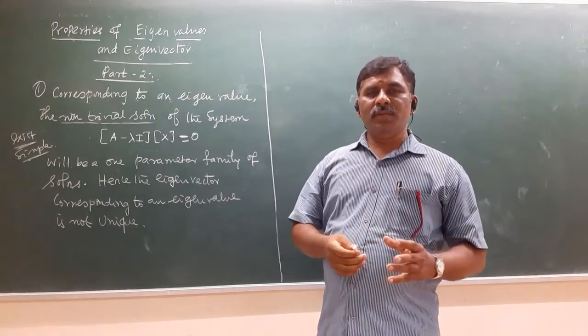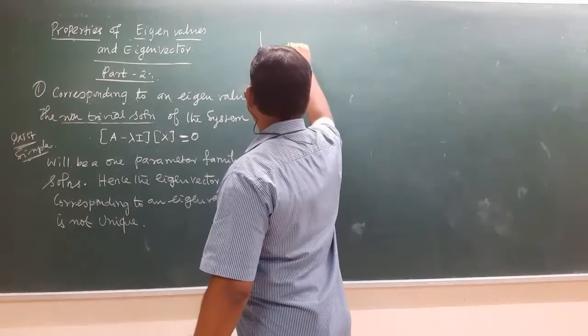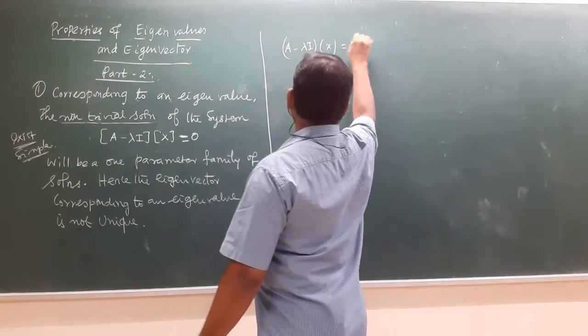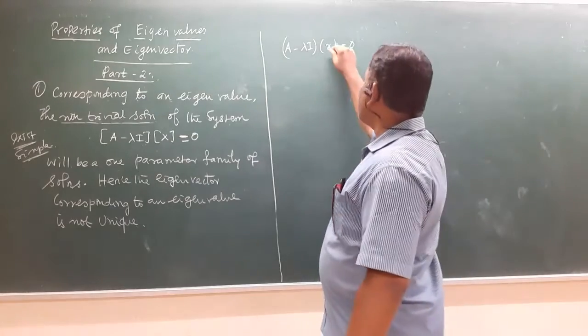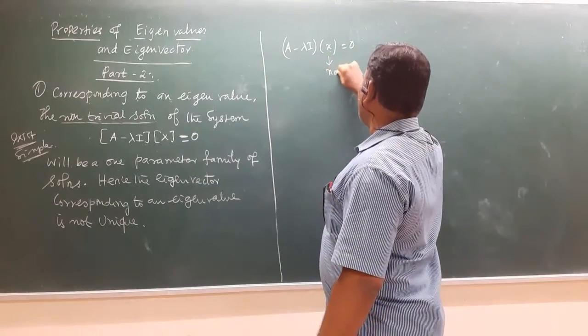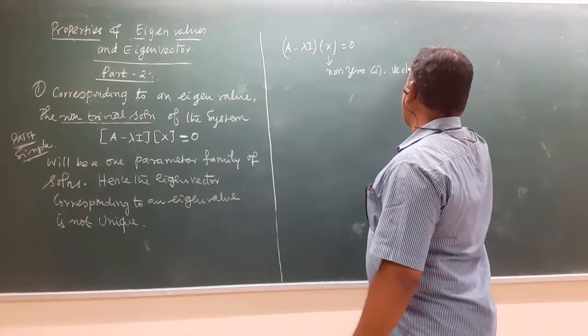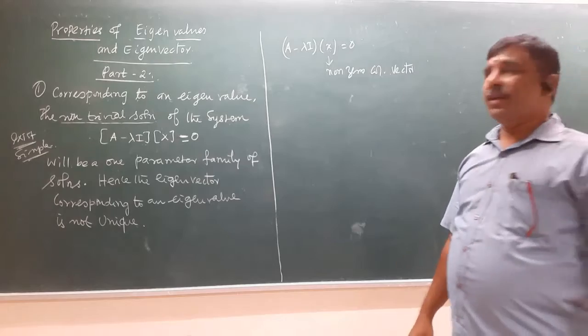So what is the solution? First of all, what is the solution for this system, A minus lambda I into x equal to 0? Actually, what is x here? X is the non-zero column vector.